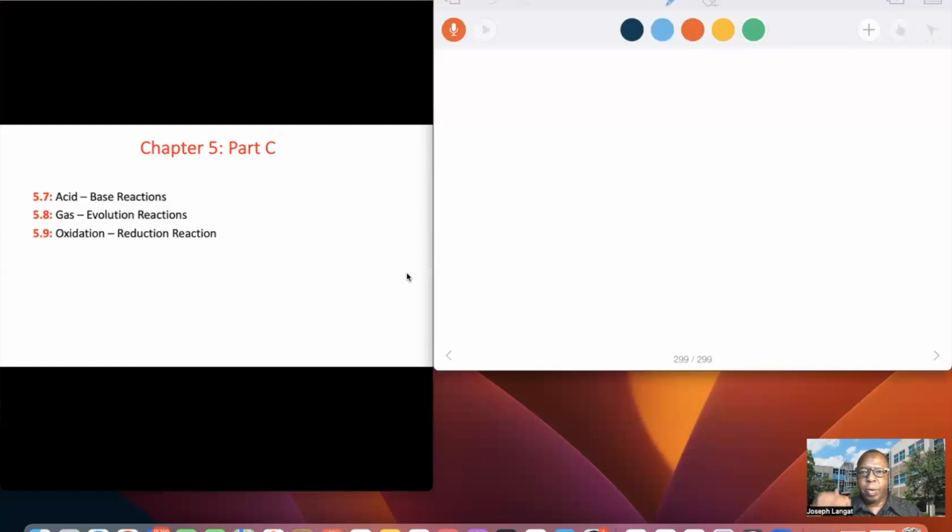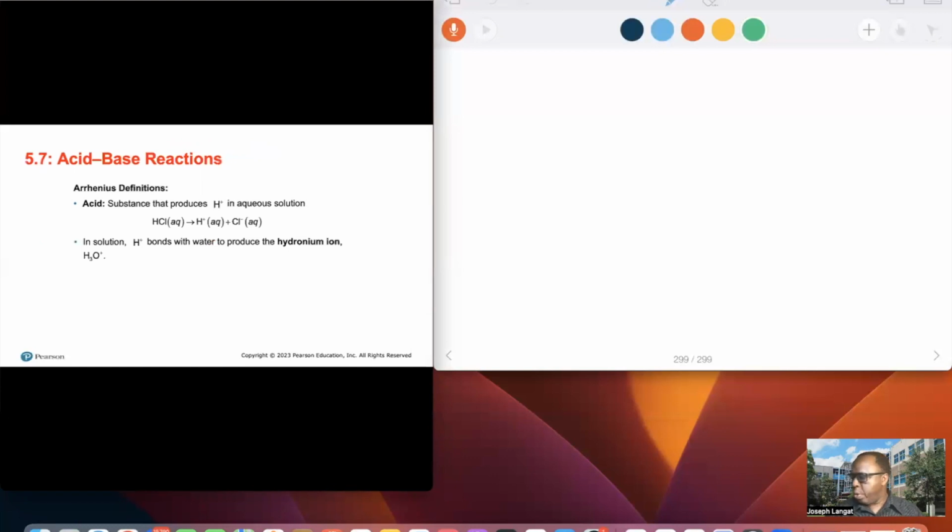That is writing the molecular equation, total ionic equation or complete ionic equation, and net ionic equation for acid-base reaction or neutralization, as well as gas evolution reaction. In this section, 5.7, we look at the acid-base reaction. Sometimes this is referred to as acid-base neutralization reaction.